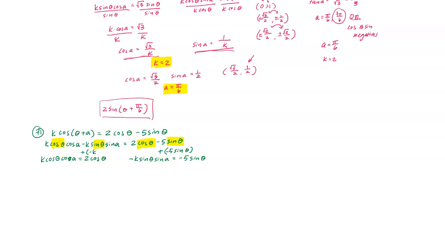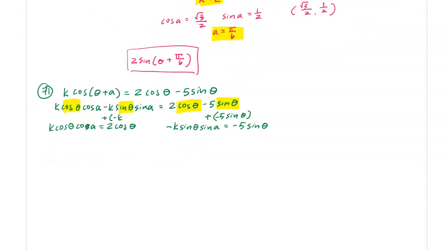So going back to this, I do k times cosine of theta. So cosine of A equals 2 over k.